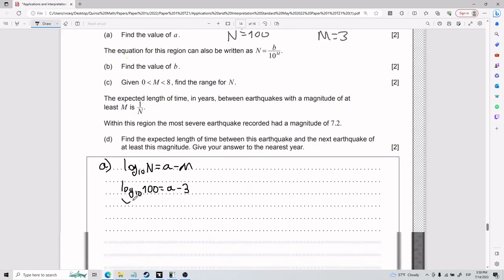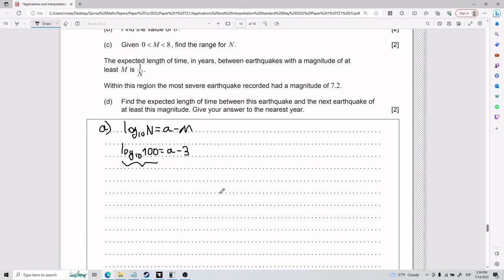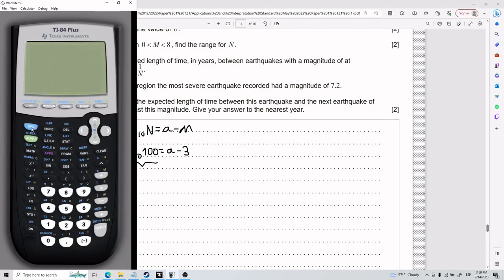Now this on the left, again, it's part of understanding how a log works, is an actual number that you can find from your calculator. You can actually go log, this number next to the 7, put 100, and there you go, it's 2. And now you might be thinking, okay, but this thing in your calculator doesn't have the little 10. That's because the default is for there to be a 10 there.